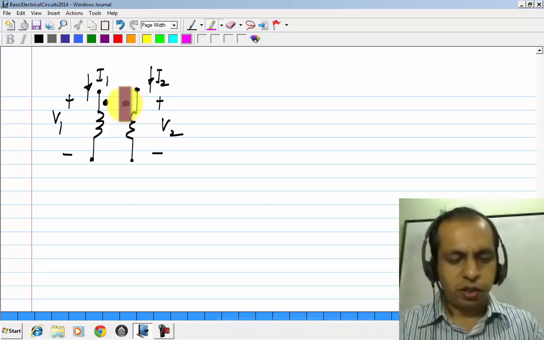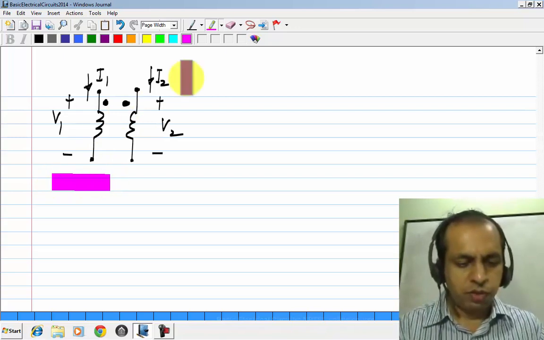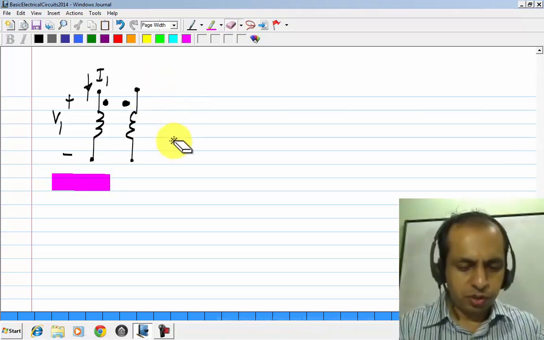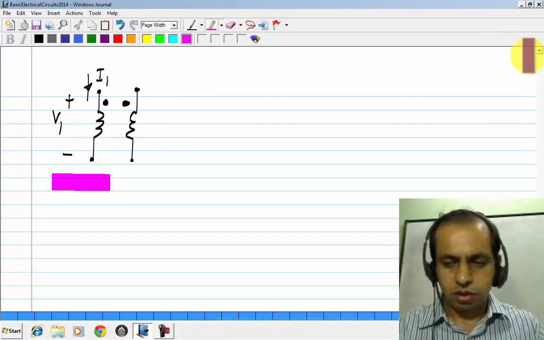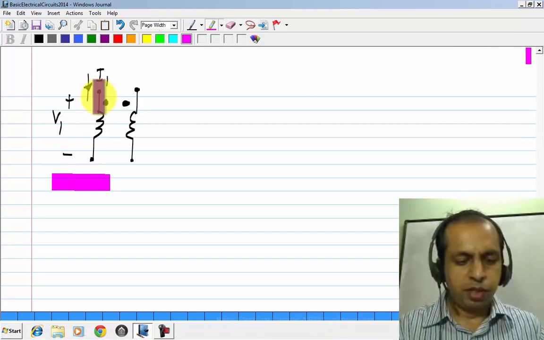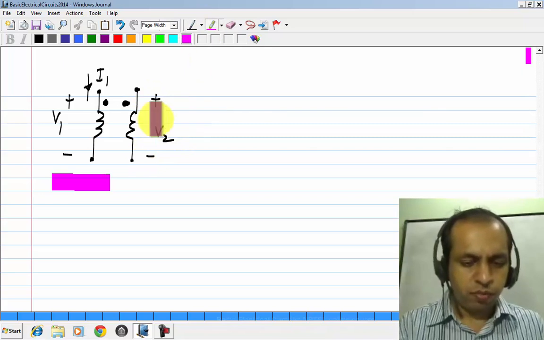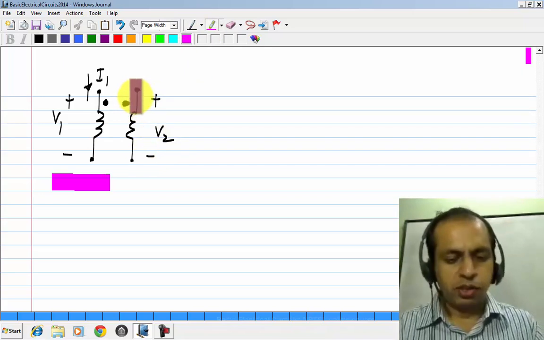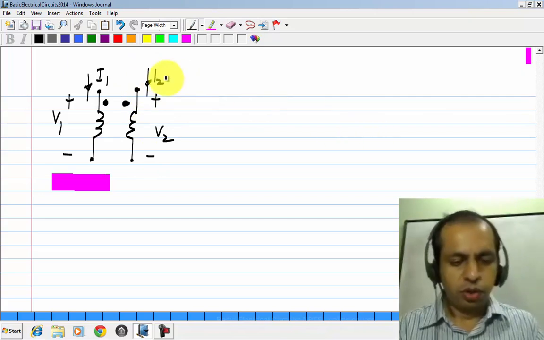Once you are given the dots, let us say you choose V1 this way. For the definition of V1, the terminal with the dot is positive and I1 flows into the dot. Then you take V2 also with the terminal with the dot being positive and I2 flowing into the dot.